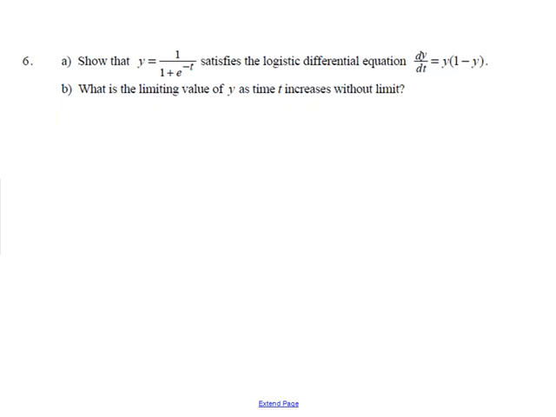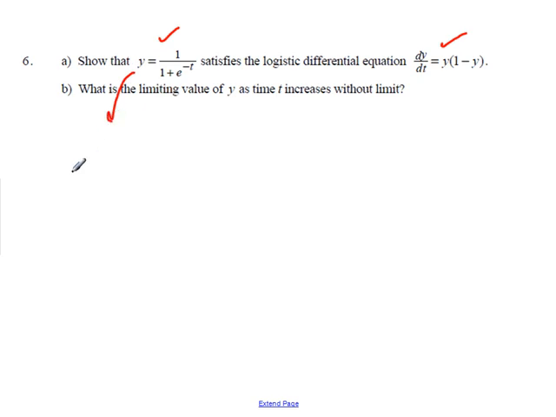Let's do more of that. It says, show that this equation satisfies the logistic differential equation given here. Okay, so what we need to do is take a derivative of this function and show that it equals the derivative function.